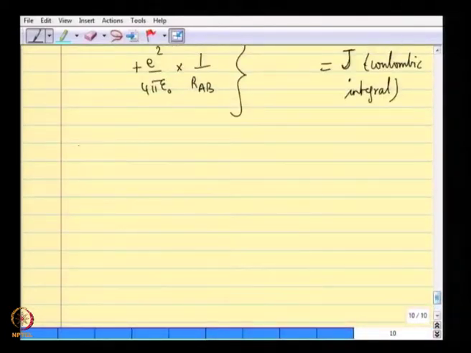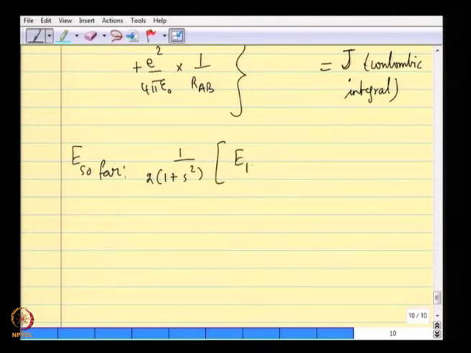E so far, it gives you 1 by 2 into 1 plus s square, E1s a plus E1s b, both are identical, plus J. Okay.